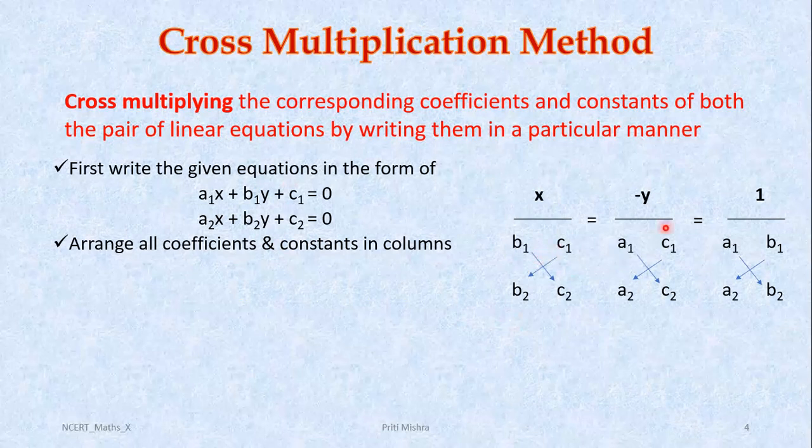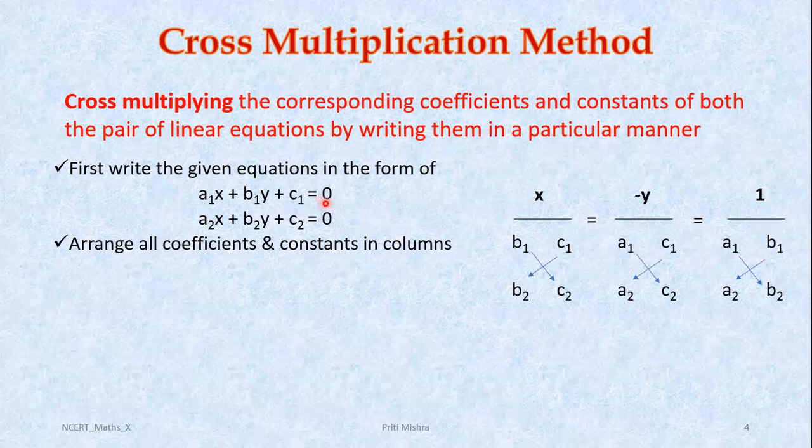Then for y, just write minus y, and in the denominator we have to write the other columns. How will we find these columns? Just consider you do not have the second column. Just hide this one. So you are left with a1, a2 and c1, c2. In the same way, write these two columns in the denominator, a1, a2, c1, c2, and this is equal to 1 upon, in the denominator.